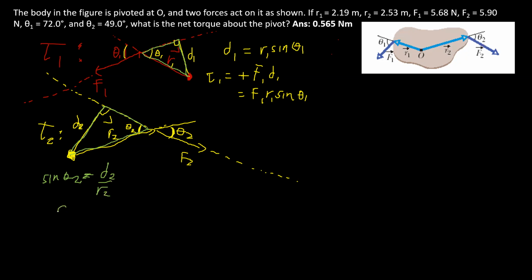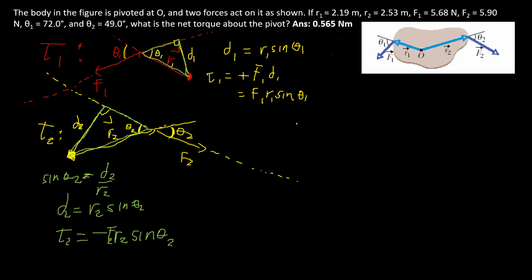So therefore D2 is R2 sine theta 2. But we have to remember that our T2 is negative, because it causes our rigid object to rotate clockwise.